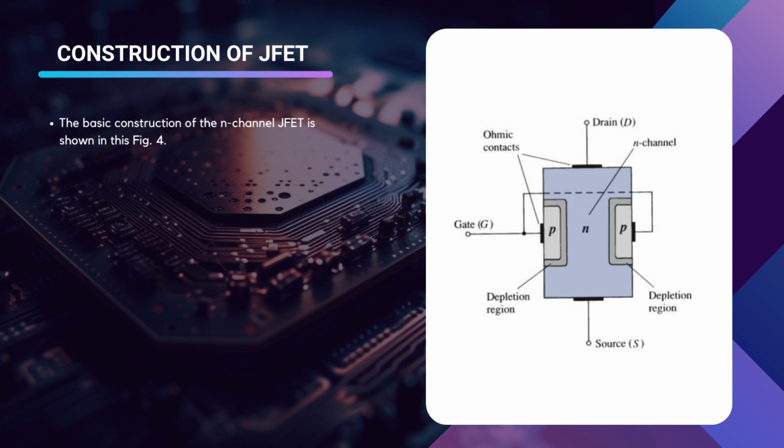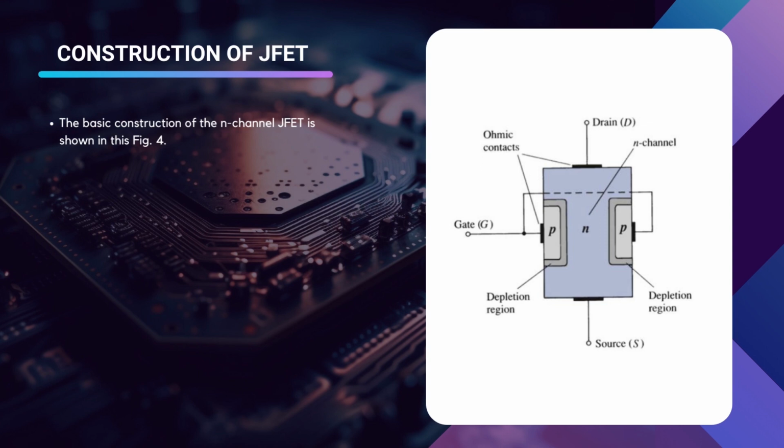The flow of the majority carriers: here, as it is an n-channel JFET, the flow is due to electrons. On applying the appropriate potential at the gate terminal, the electrons will start to move from the source terminal towards the drain terminal, and here the flow is of electrons, that is the majority carriers.